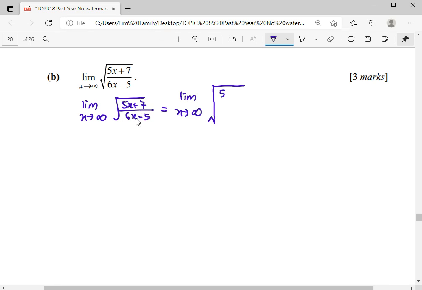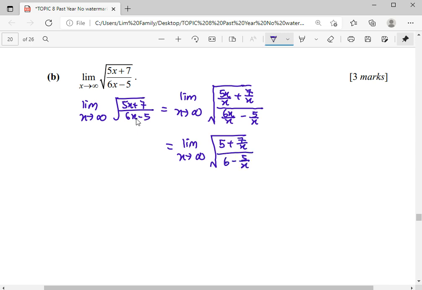So the square root of x, I can write it independently, divide by x, and then divide by x. So every term we divide by x, and we try to simplify for this surd function. So you notice that this is 5 plus 7 over x, and this is 6 minus 5 over x.